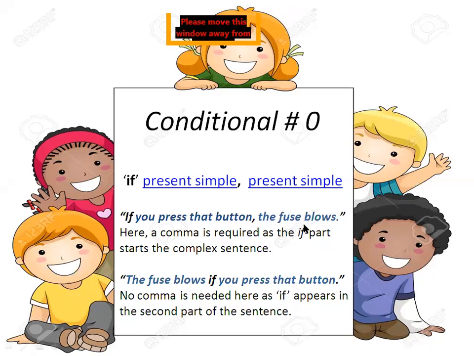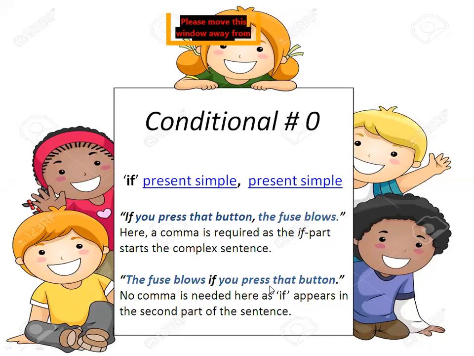To the left of the comma is the if clause, and to the right of the comma is the main clause. This is the original structure of conditional sentences. But if you want to exchange their sides, you can. Then the main clause will be first, and the if clause will be second. No comma is needed here, as if appears in the second part of the sentence.